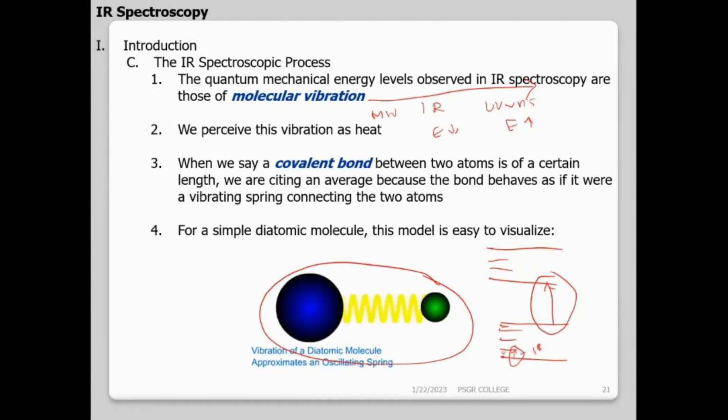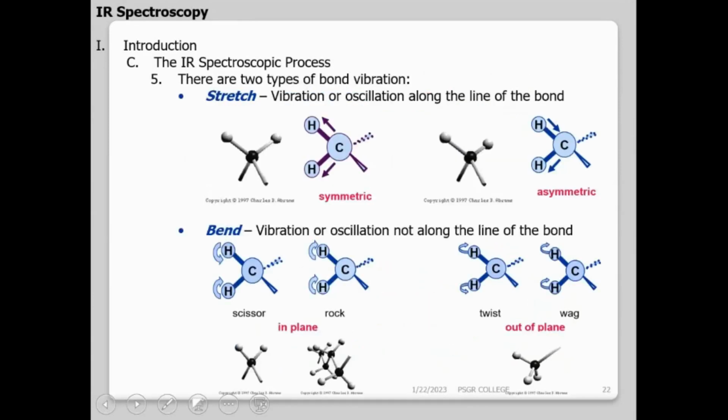So all the molecules in nature, or the organic compounds which you study, will have different bonds. All these bonds are vibrating, and the vibration energy is not the same for all the bonds. They'll be different for different bonds. That particular property we're exploiting for vibrational spectroscopy. The types of bond vibrations can be either stretching vibration or bending vibration.